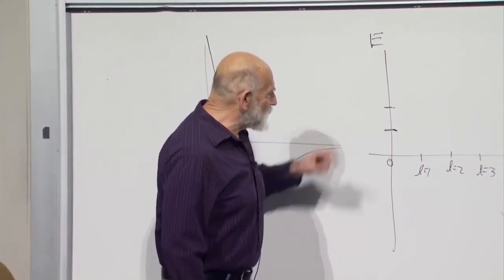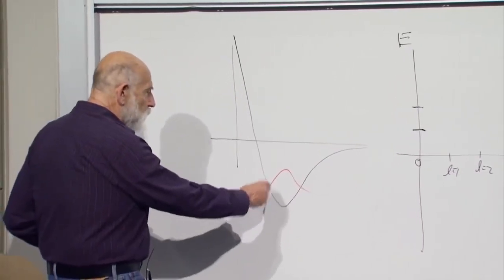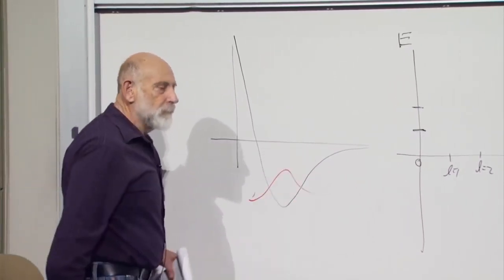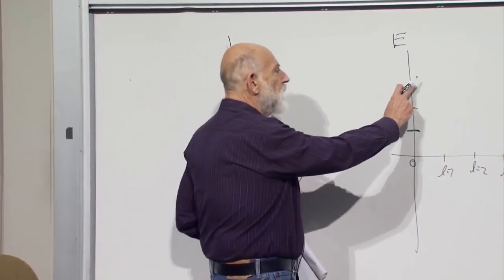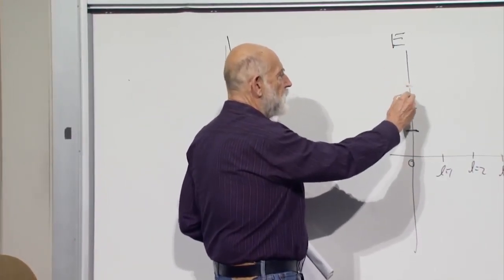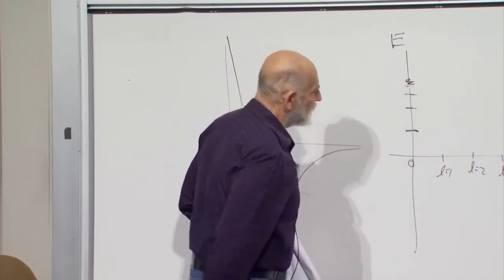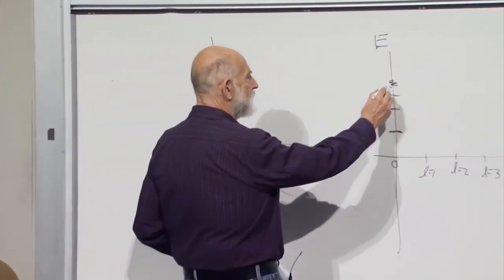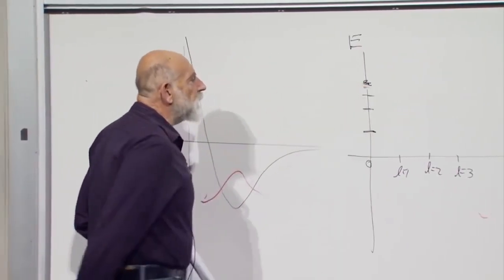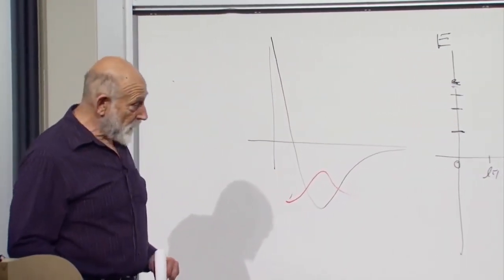So every one of the states with L equals 0, 1 node, 2 nodes, 3 nodes, and 4 nodes, they all have one state associated with them, and they're not equally spaced. They are whatever they are. Those are the energy levels with 0 angular momentum.